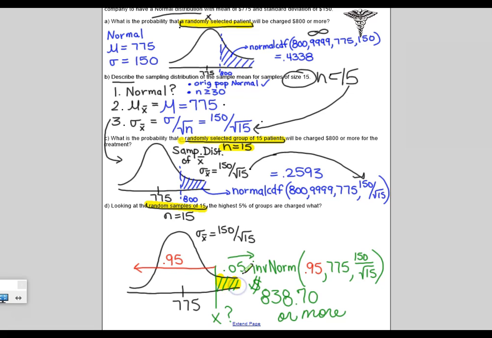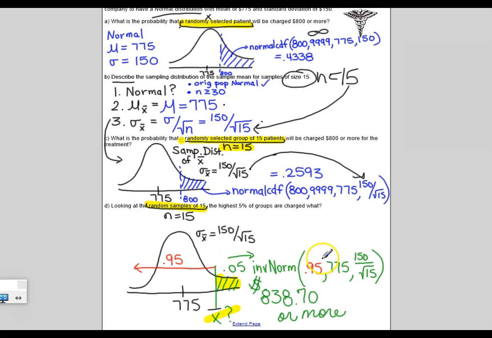We have an area of 5%, and we want to know what this value is here. Typically we would call that an X, but in this case, we're going to call it an X bar because we're in the sampling distribution. In the sampling distribution, all the values are sample means. At least in this first section, we're talking about sample means.